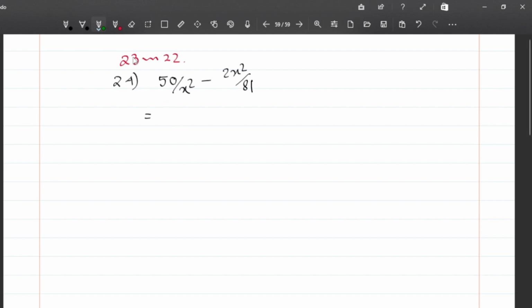Now sums number 23 and 22 are the same, so we will do 24 now. Again we can take 2 as common from the numerator. So what we are left with is 25 by x square minus x square by 81.